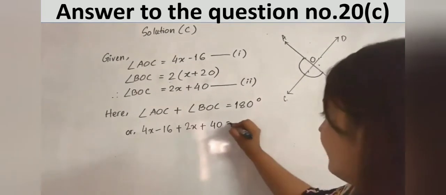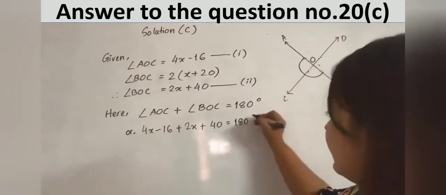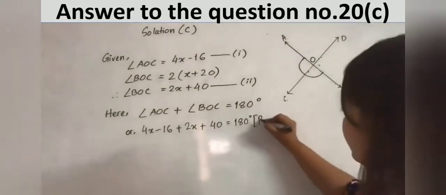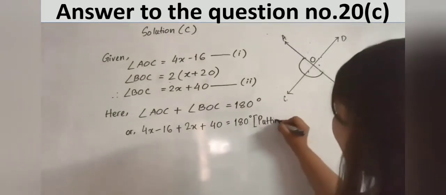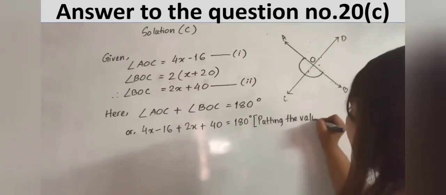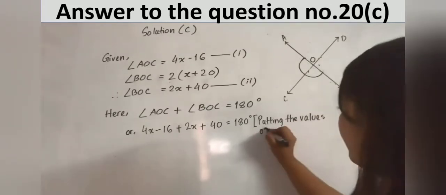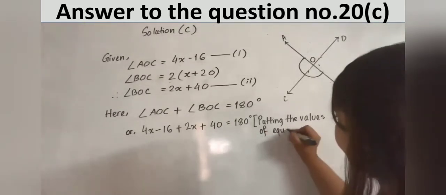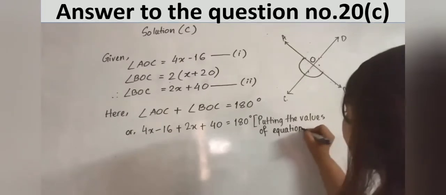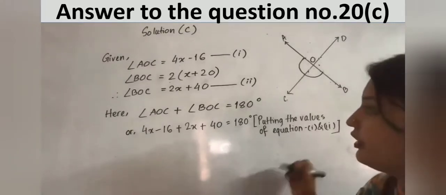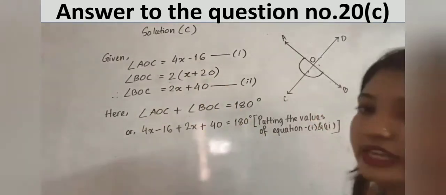Now I will write here equals to 180 degrees. As a side note, you will write that putting the values of equation 1 and 2, or you can write it as the values of angle AOC and BOC as well.